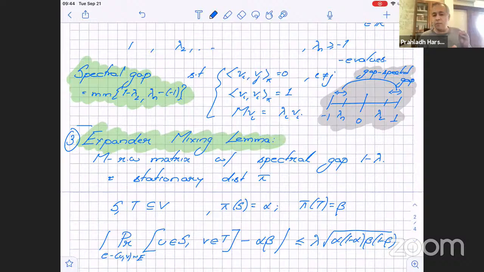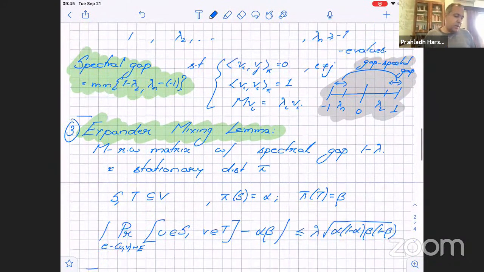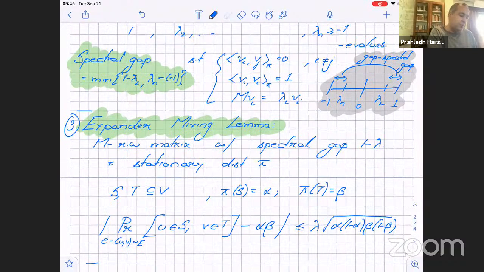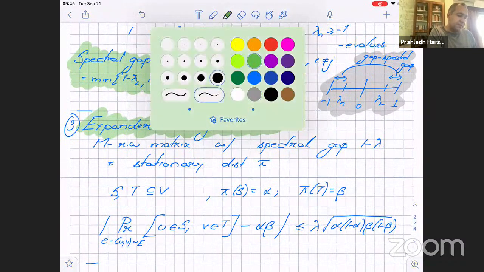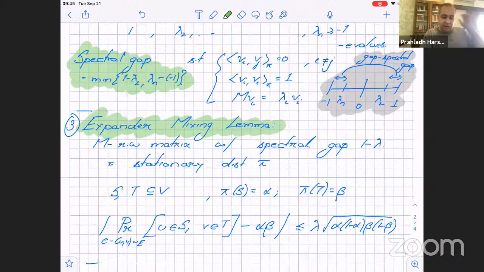If M is a random walk matrix with spectral gap 1 minus lambda and stationary distribution pi, now let S and T be any two subsets of vertices such that their corresponding weight mass according to the stationary distribution is alpha and beta. Now pick a random edge according to the random walk matrix.